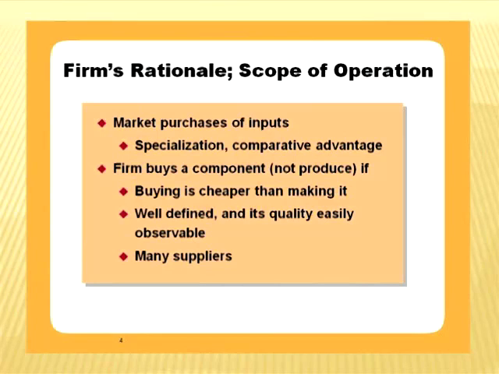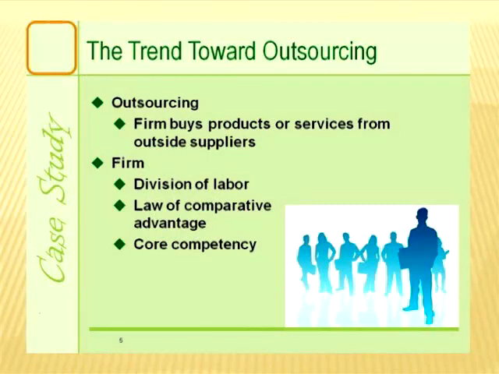You can define what parameters it needs to have built into it and test to see if it does. And if that's the case, then it doesn't make sense for you to make it. It makes more sense for you to purchase it from somebody else. And that especially would be the case if there are lots of suppliers of the component that you need. And there are some parts in the computer industry that fall into that category.